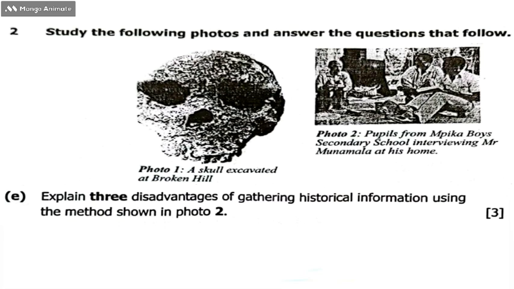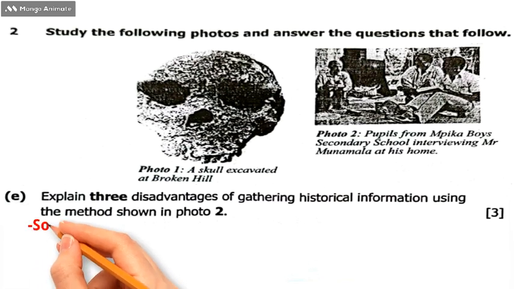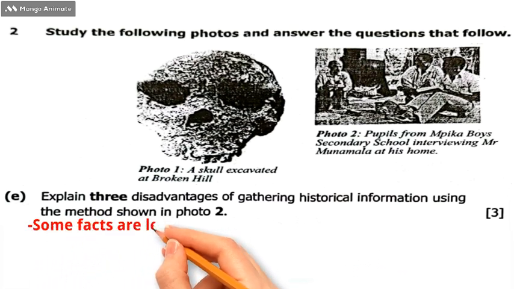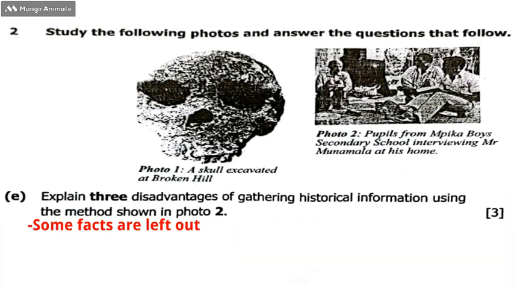We go to question 2E, which is: explain three disadvantages of gathering historical information using the method shown in photo 2. The disadvantages of method 2, where you rely on someone telling you what really happened. One is that some facts are left out because people have forgotten certain evidence or certain information, so some parts are left out.